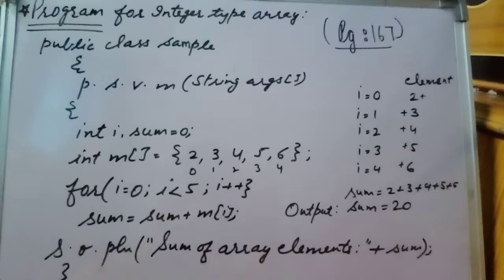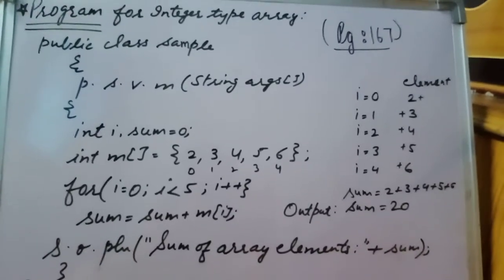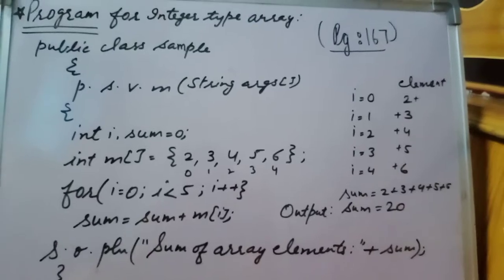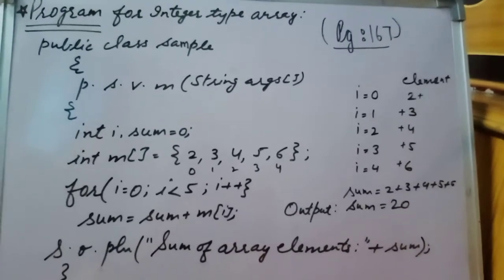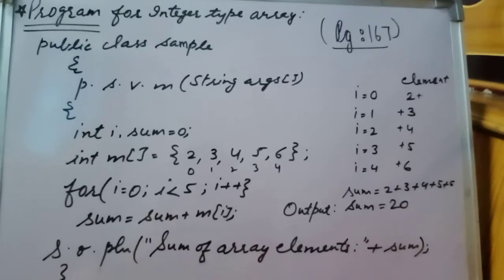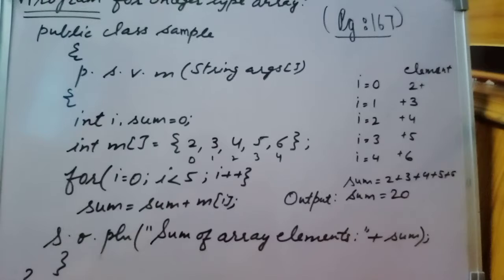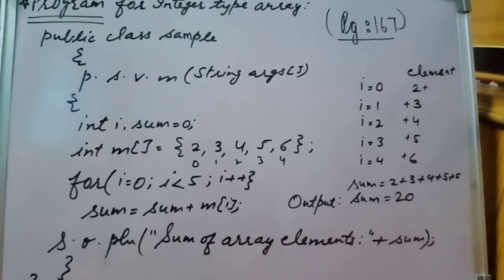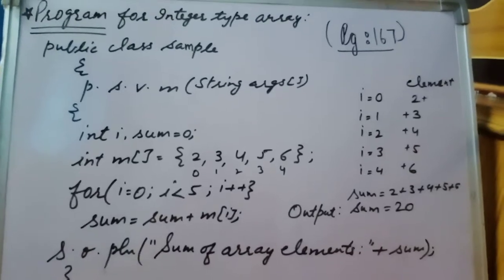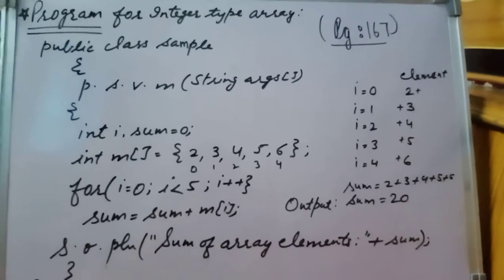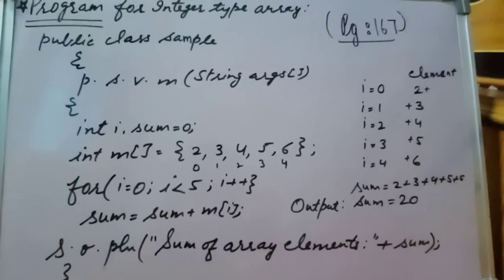So here is one assignment type array: int m[] is equal to 2, 3, 4, 5, 6. These values are called elements of array m. Each element has a subscript on which they differ. They have the same name m, but they are different on their subscript.